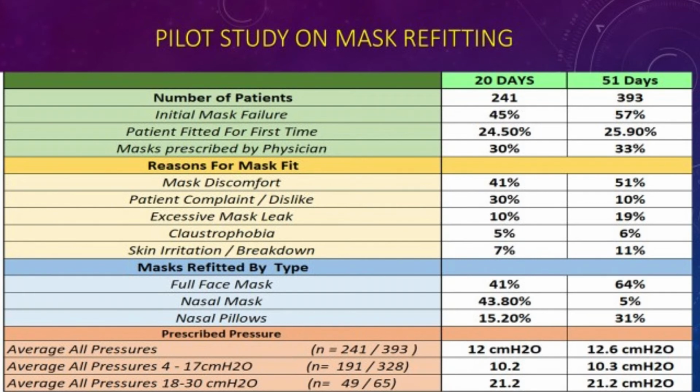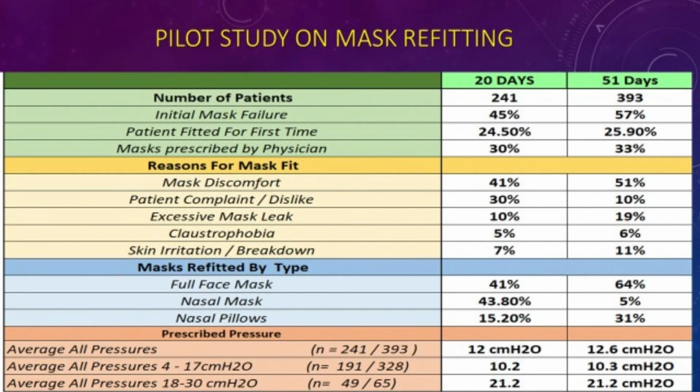We then thought maybe our reason for this was patients using a particular type of mask. Full face masks at 20 days were 41%, 64% at 51 days. That kind of confirmed our suspicions about the type of mask. Nasal mask, 43%, which I was really surprised at, at 20 days, but then that dropped to 5%, which was more like my experience.